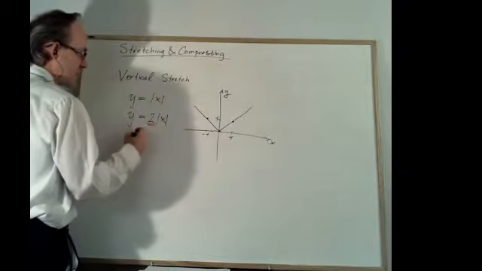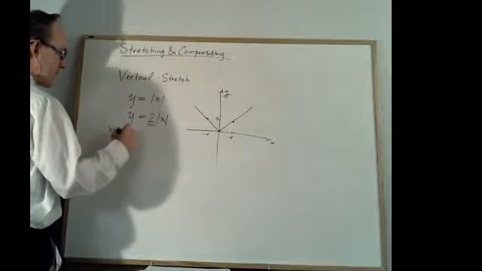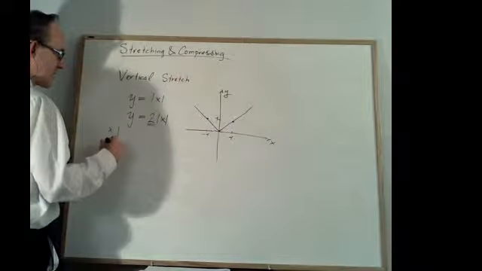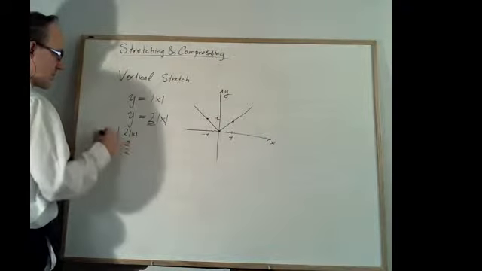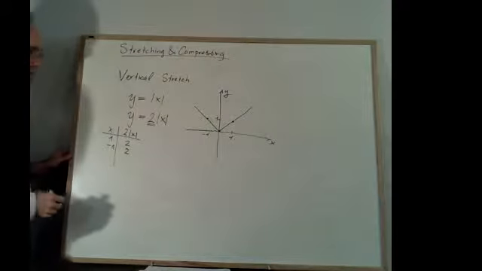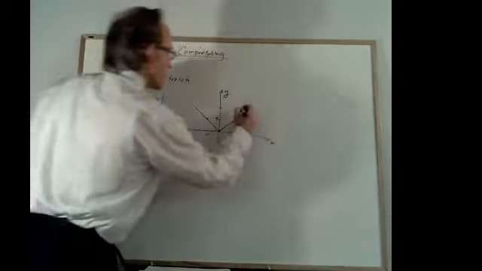If x is equal to 1, or minus 1, I get 2 for both, for this new function. So it's up here.